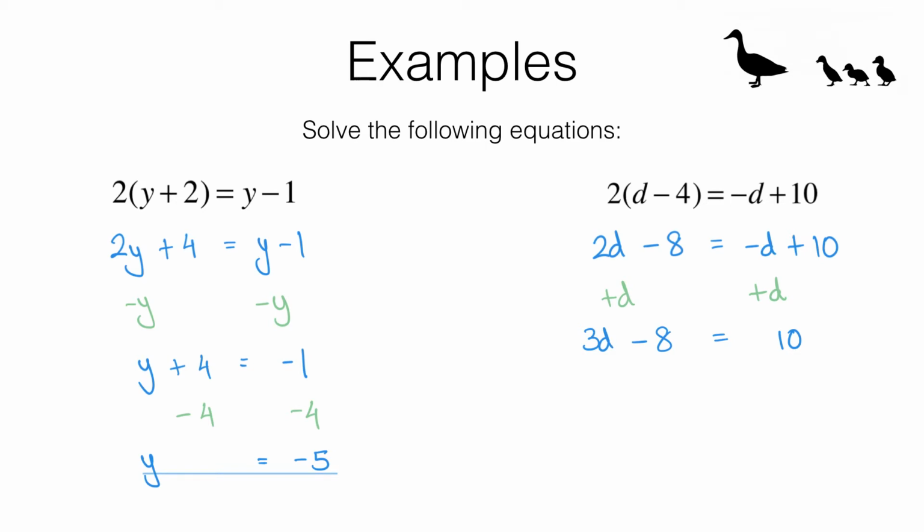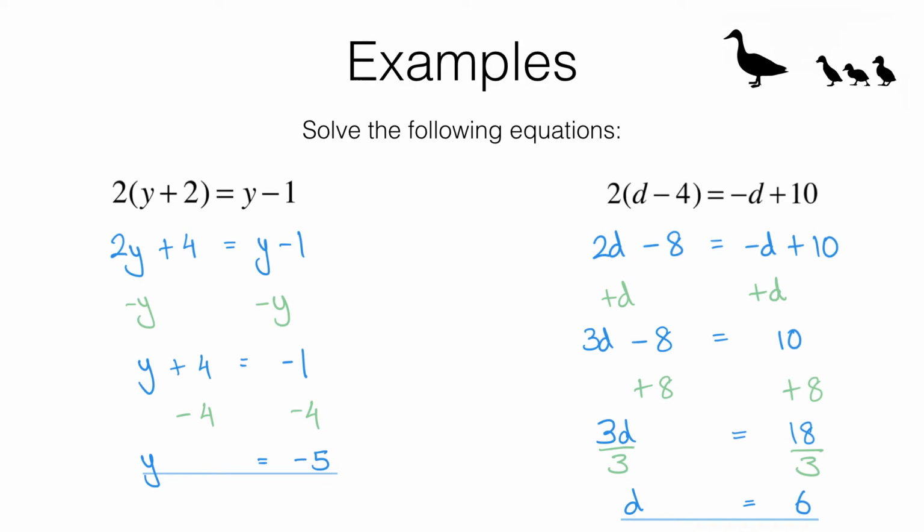Now I'm going to add 8 to each side of the equation, and that will leave me with 3d on the left and 18 on the right. Finally, I'm going to divide each side by 3, and that gives me d on the left and 6 on the right, and there is our solution.